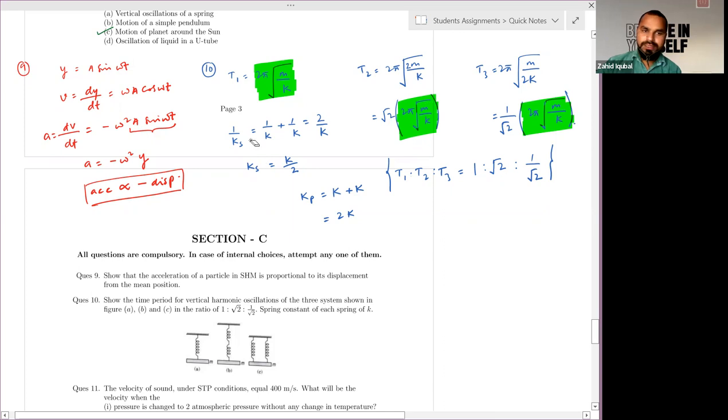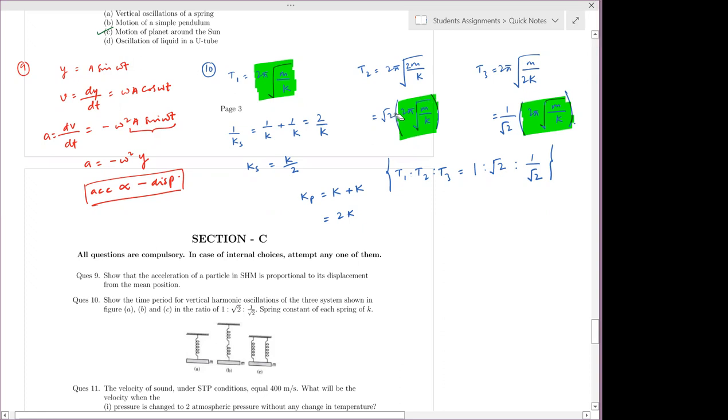According to the formula, 1 by k equivalent in series equals 1 by k1 plus 1 by k2. So it will become k by 2. Now, if you substitute this value in the formula of time period, it will become 2 pi root under m by k, and in place of k we have k by 2. So move this 2 out of the square root, and you get root 2 times the rest of the term like this. Is it clear?